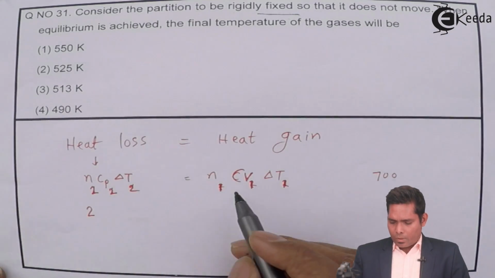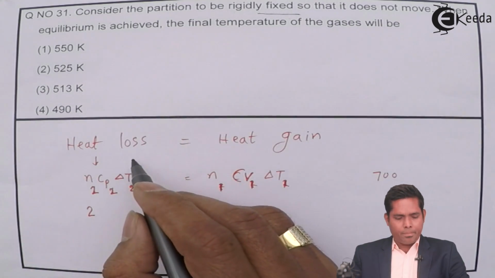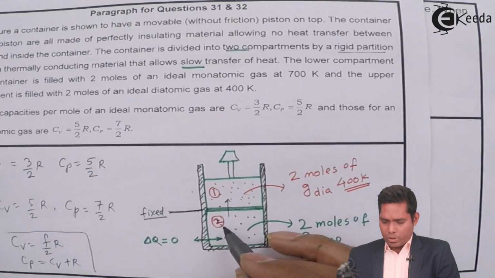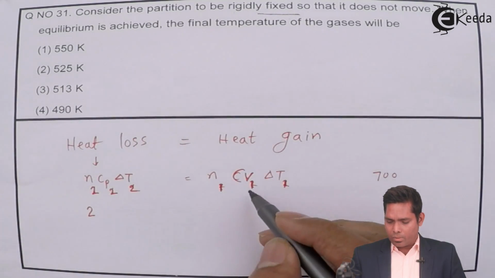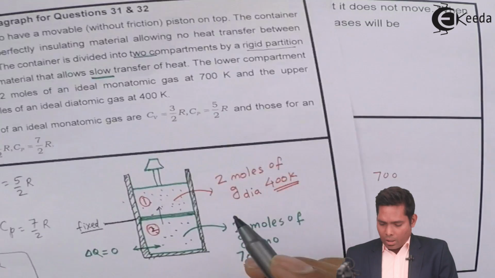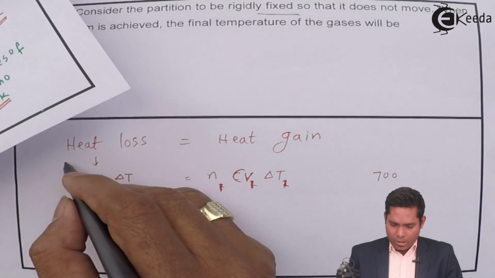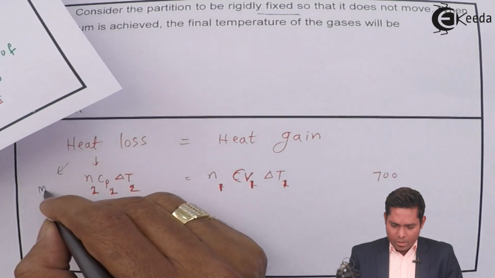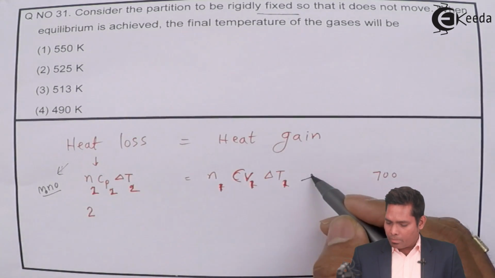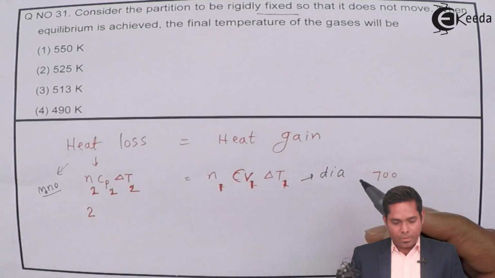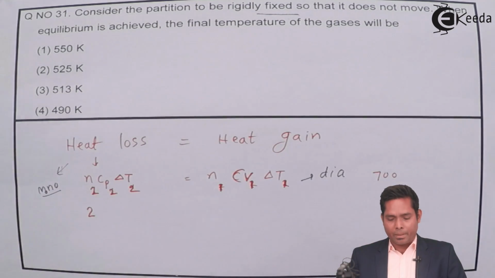So this is losing heat, so heat loss will be 2, and this is gaining heat. The 1 is actually monoatomic, and this one is a diatomic gas. Diatomic gas is in the upper compartment.